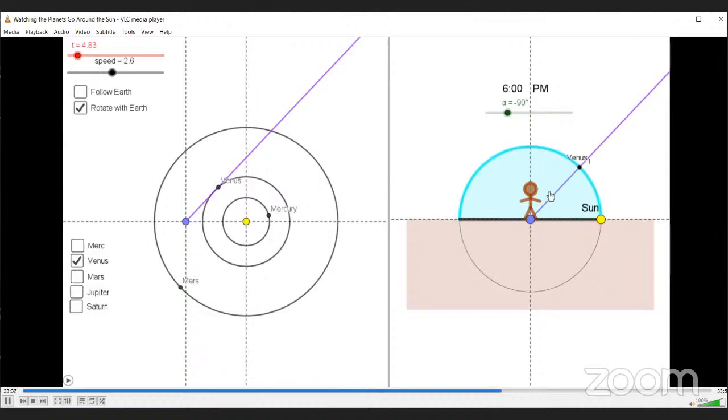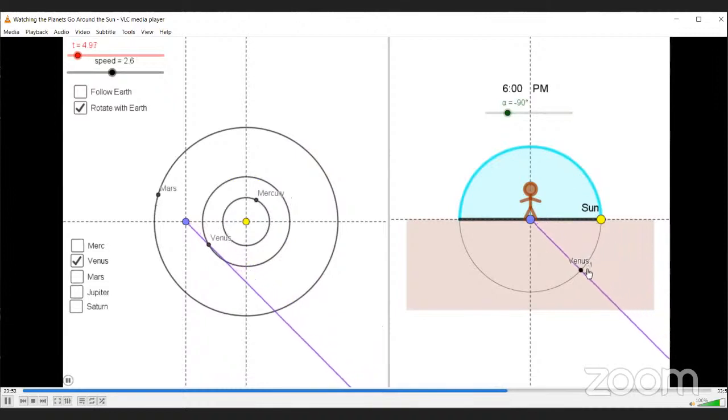And you can see that translates directly into what you see outside at night. So the inner planets are very easy to see orbiting the sun, because that's exactly what we're looking at here. So the oscillation back and forth. Notice how quickly Venus went from the evening sky to the morning sky, because it only went a short distance from the tangent point here down to the tangent point here.